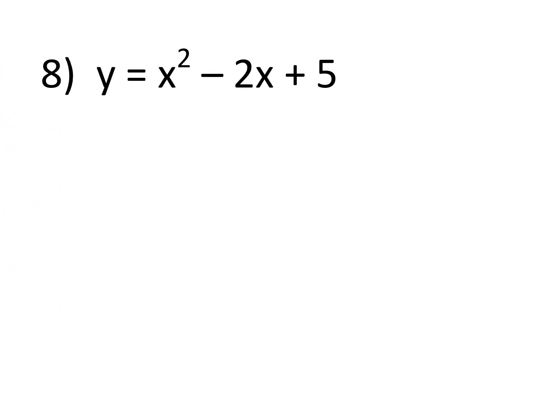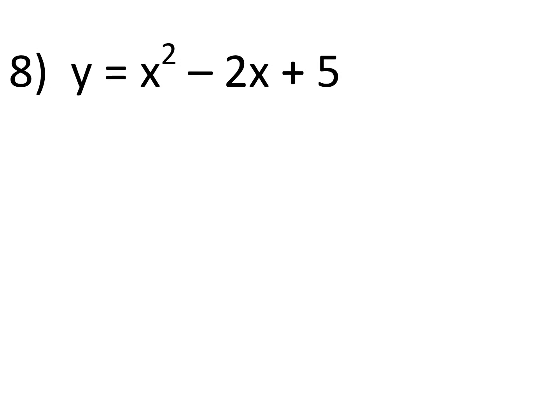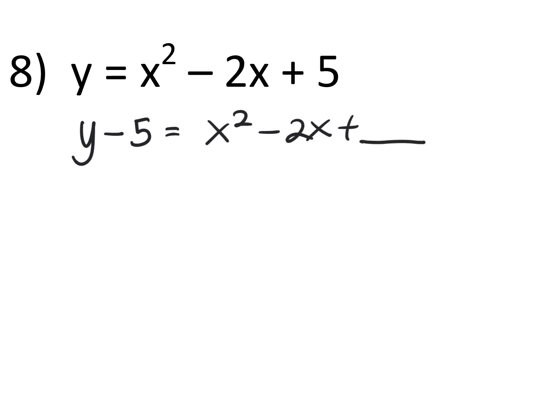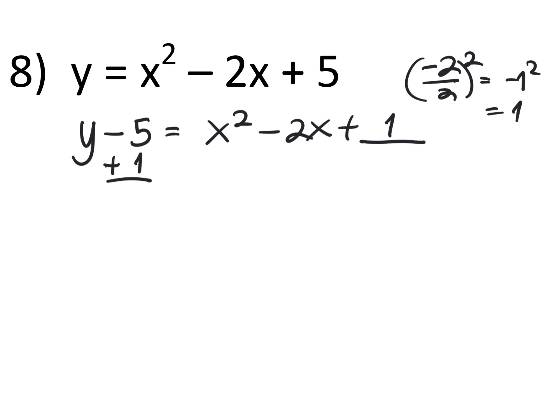Number 8. y is equal to x squared minus 2x plus 5. Same procedure. y minus 5 is equal to x squared minus 2x plus a box in there and then plus a blank in here. So let's see, the middle term is negative 2 divided by 2, and then we're going to square that. That's going to give you negative 1. Squared is going to give you 1 only. So plus 1 plus 1.